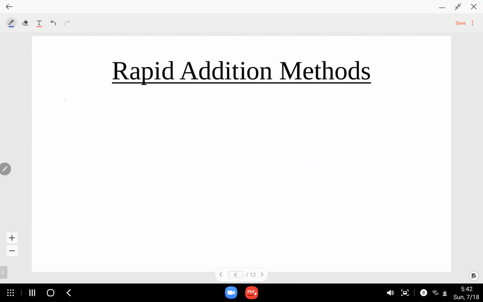So 3 plus 7 plus 11 plus ... plus 99. Okay, this is an arithmetic sequence, basically a pattern. You see, it is increasing by 4 every time.